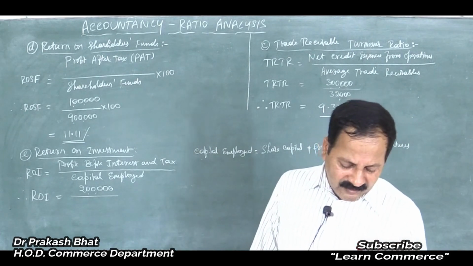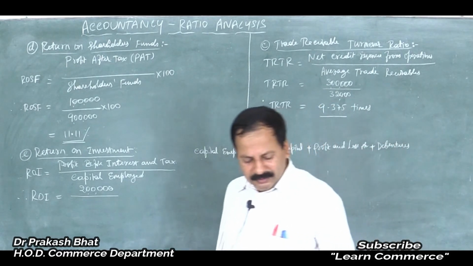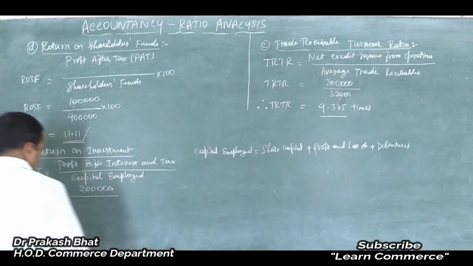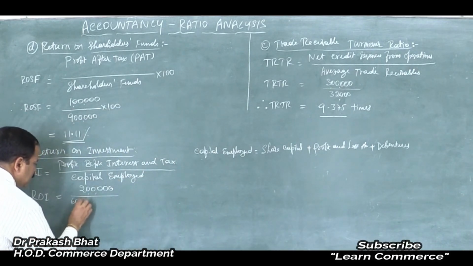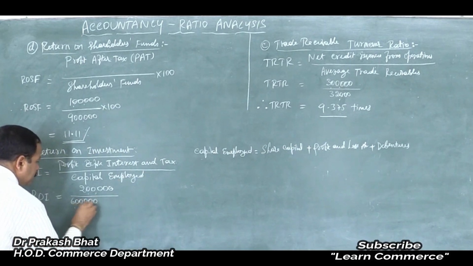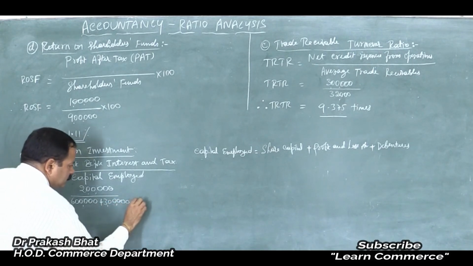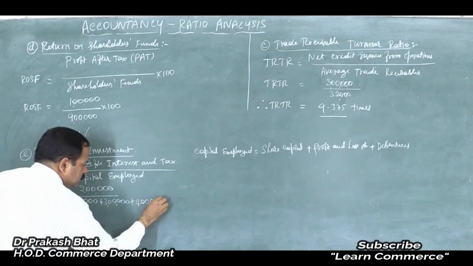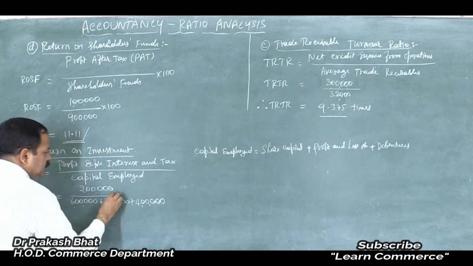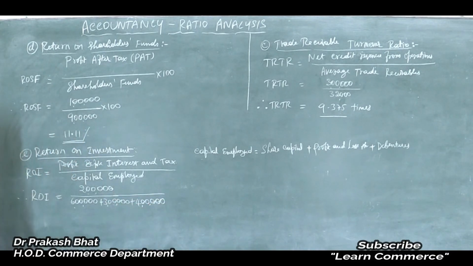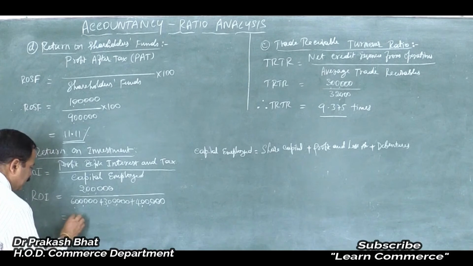Capital employed will take 6 lakh plus 3 lakh and 4 lakh, isn't it? So it will be how much? 13 lakh.